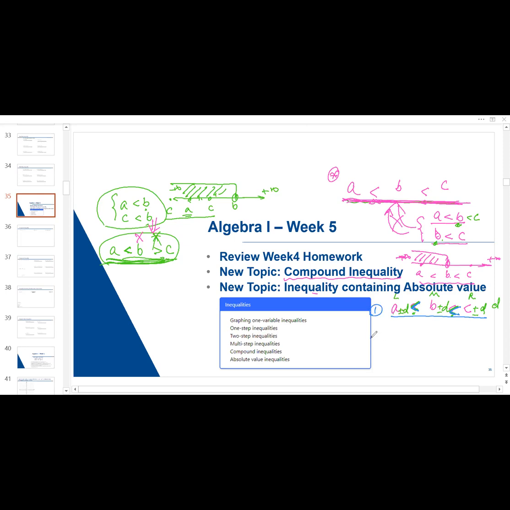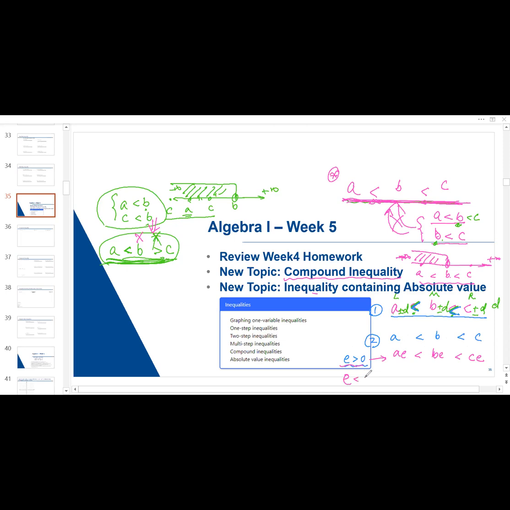Second, if the three sides are multiplied by a positive number, say E, where E is a positive number, they are still the same and the inequality sign does not change.